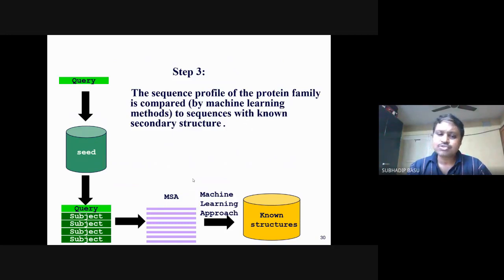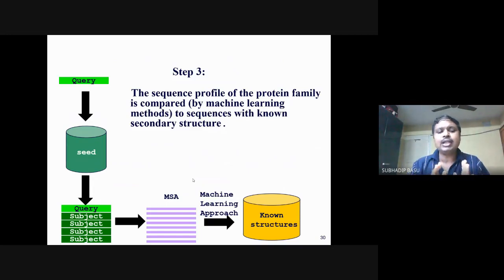And you can just train using any standard machine learning approach, for example support vector machine is very popular, and you can use some kind of windowing approach. Maybe you can use a 9 window, or maybe a 7 window, to predict the central residue of the sliding window using the PSSM matrix.